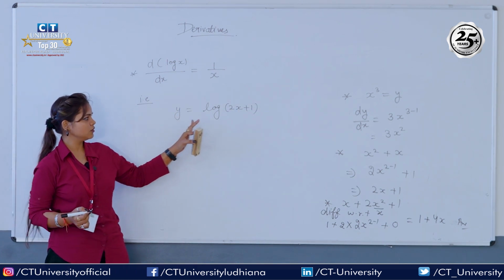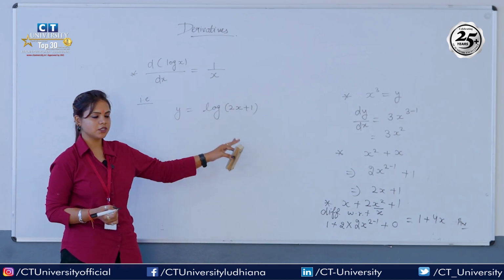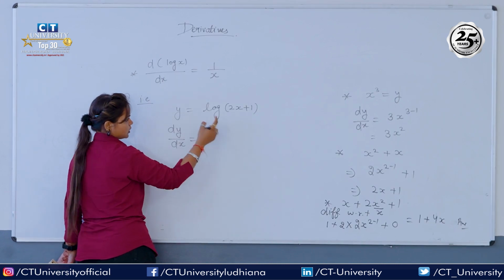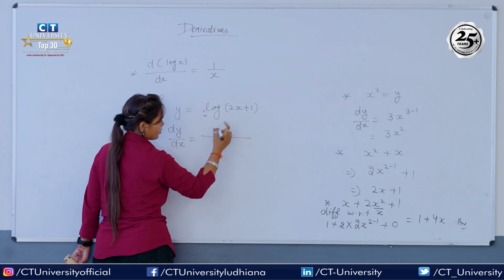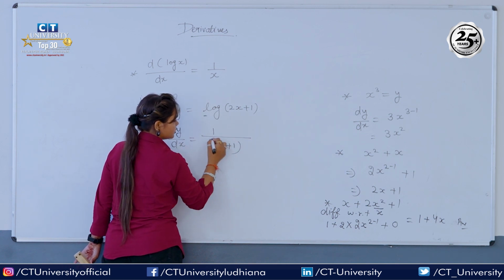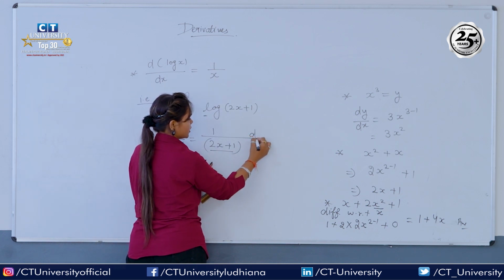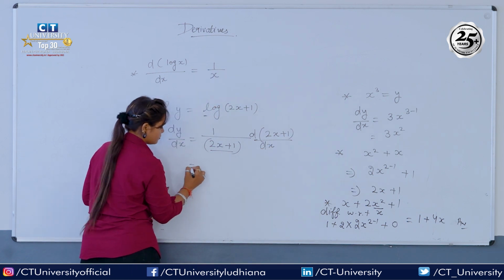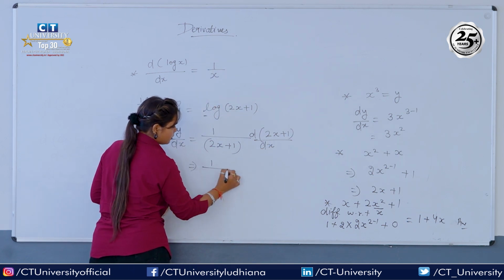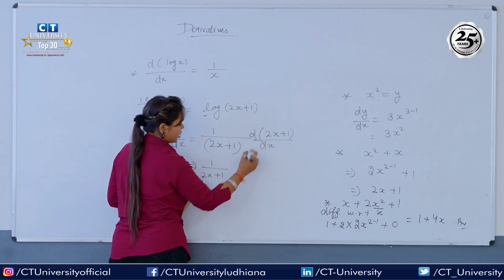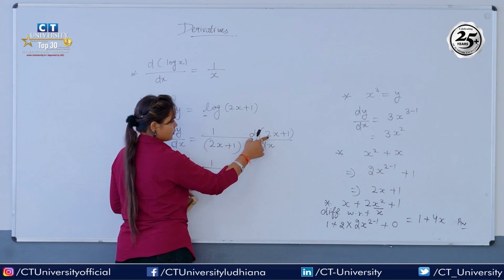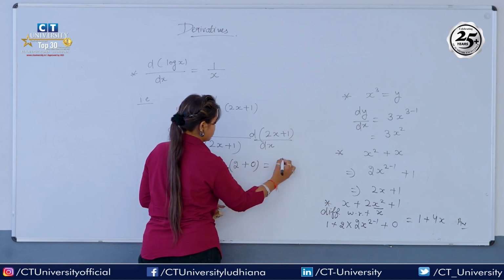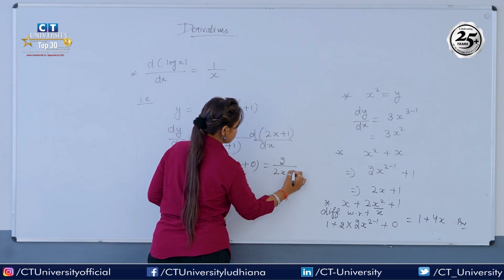If y is the given function, log of 2x plus 1, differentiate y with respect to x, which is equal to 1 by 2x plus 1, and again differentiate this term with respect to x. The derivative of 2x is 2, the derivative of 1 is 0, so 2 by 2x plus 1.